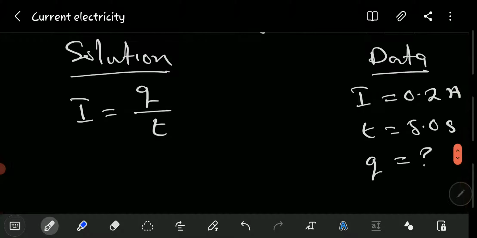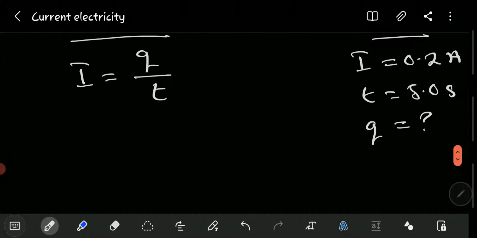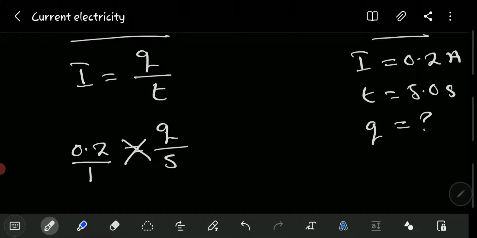So we will directly substitute, and we are going to have 0.2 is equal to charge, which is Q, we don't know, over time, which is 5. Now what we're going to do is say 0.2 over 1, then we cross multiply.